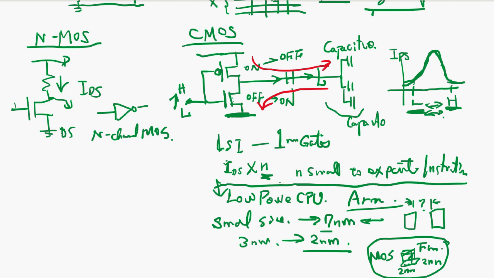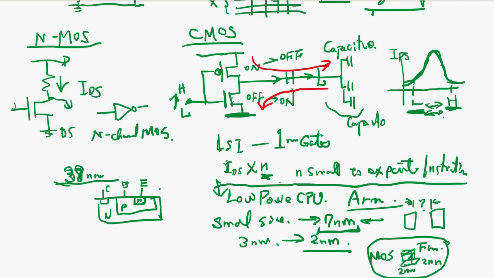The bipolar technology came down to somewhere around 38 nanometer, and there is an intrinsic difficulty in making a bipolar smaller, because bipolar is actually N-type, P-type, and N-type. So this is the collector, base, and emitter, and this N-type, P-type is all diffused into the silicon chip, and diffusion control is limited.